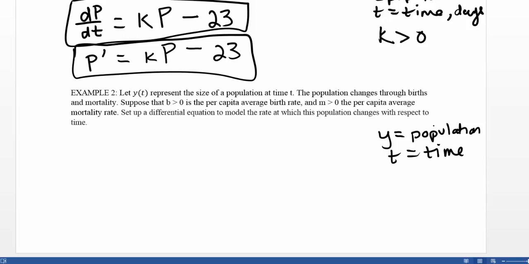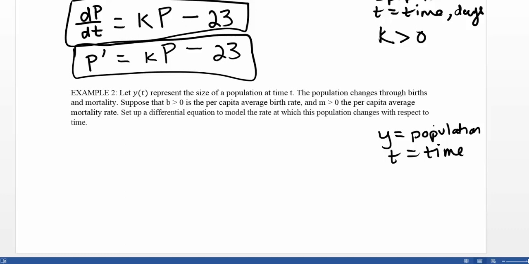Now, it doesn't explicitly say that time is per day. Here we're talking about the average per capita birth and death rates. Those are usually reported per day, but they don't have to be. You can report birth rates and death rates per year, per month. So it's probably per day, but we don't know, so we won't put an exact unit on it.